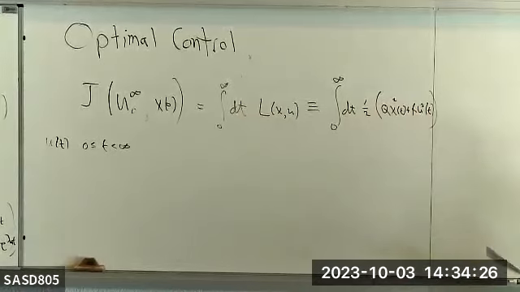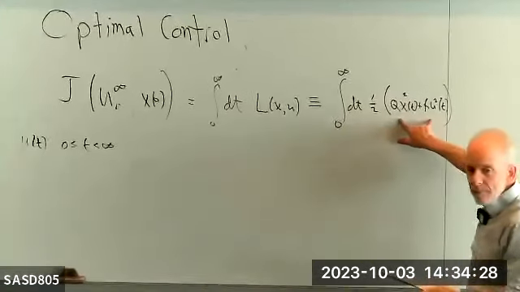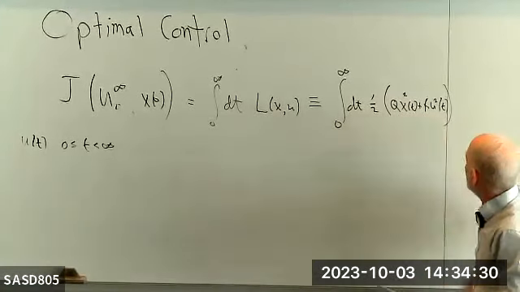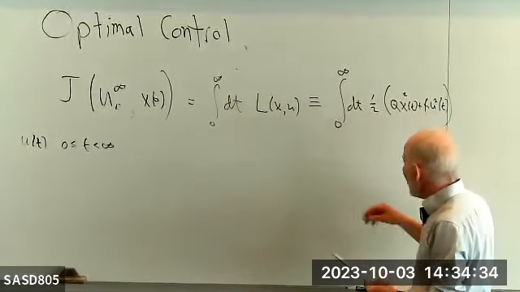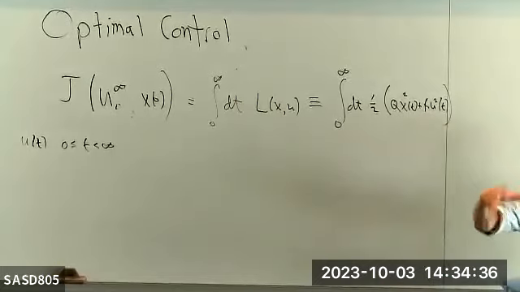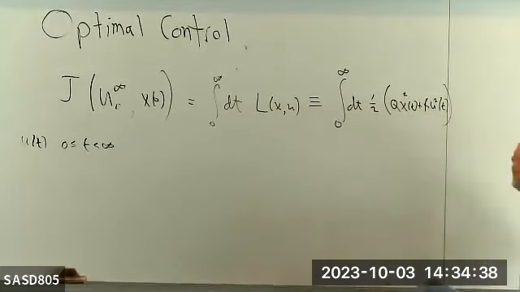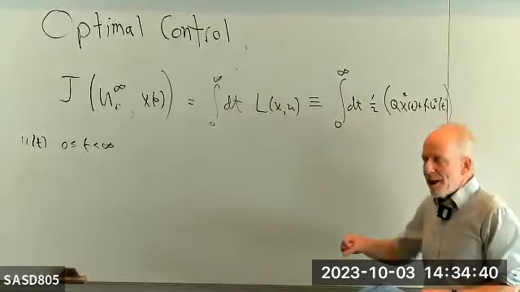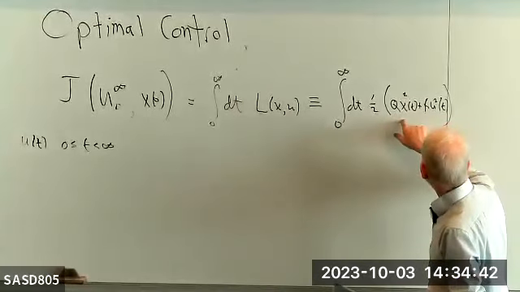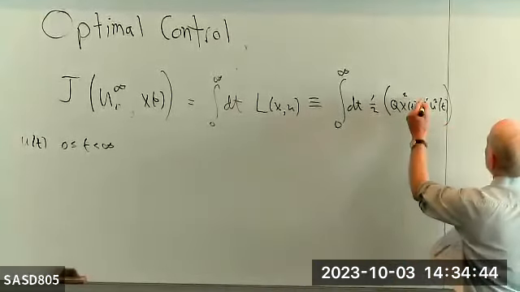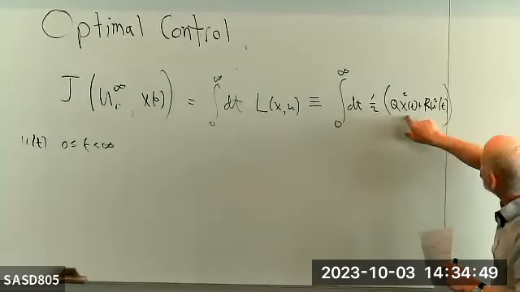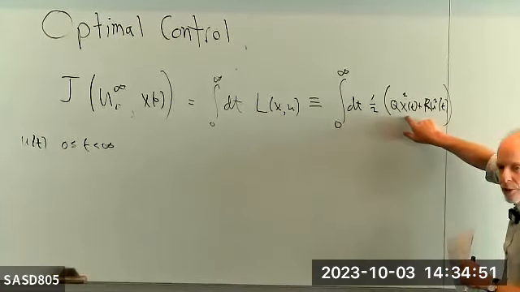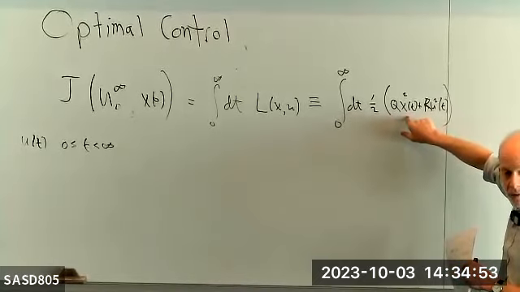Okay, and q and r are just positive numbers here. And so what this is saying is that I have some dynamical system, which I haven't even told you what the dynamics are yet. And my goal, in some sense, if you look at this, is that you're penalized, you get a larger value of J when x is different from 0.